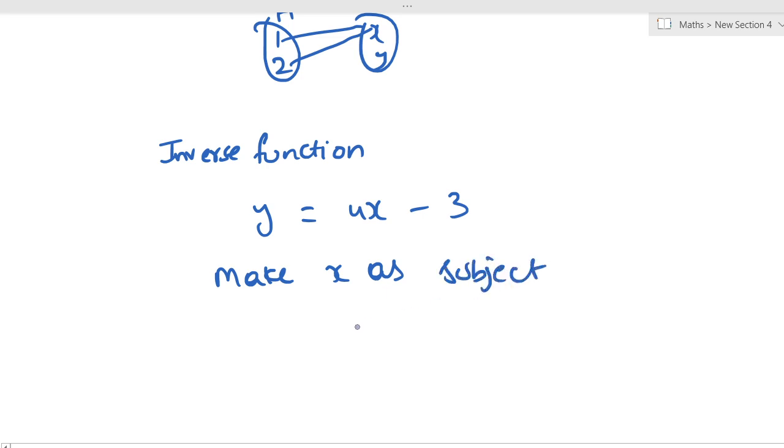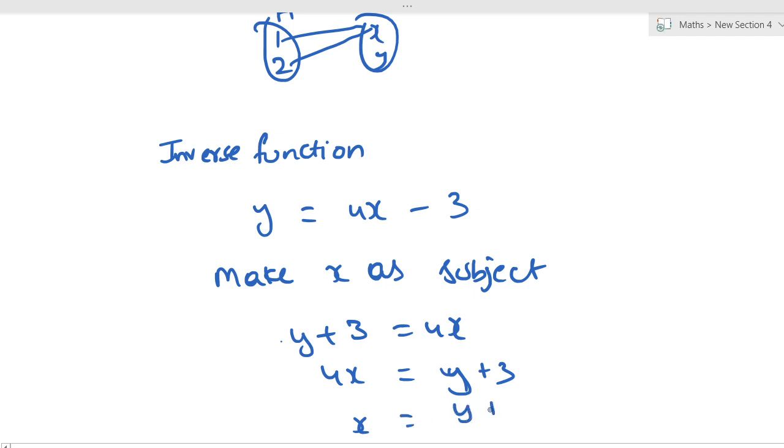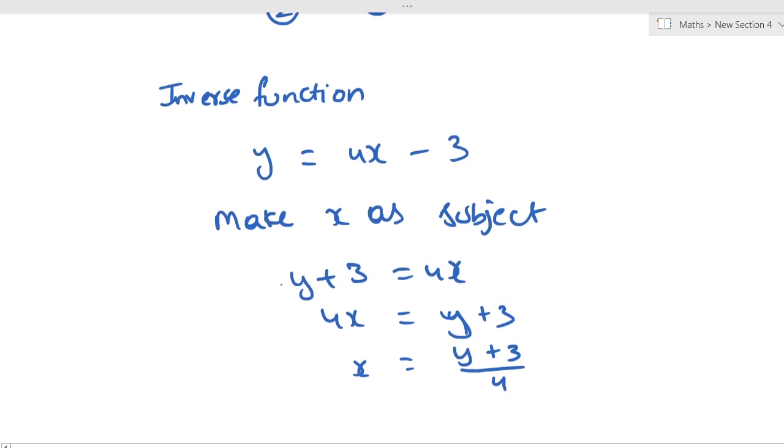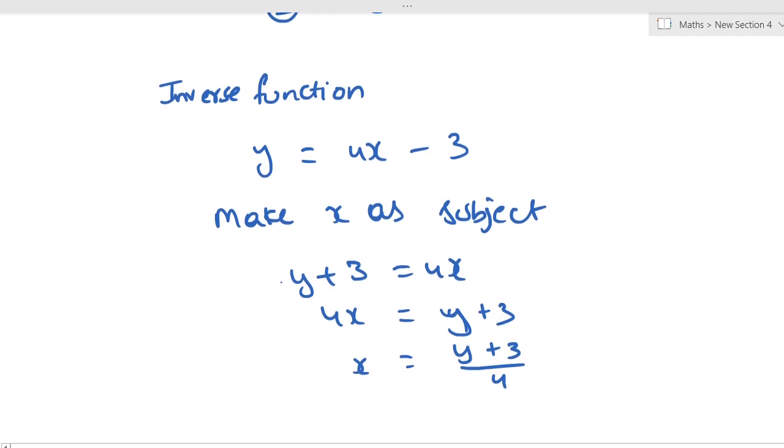If you have to make x the subject, you need to bring x to the left hand side, so we should only have the value of x. So can we say y plus 3 is equal to 4x? So 4x is equal to y plus 3 and x is equal to (y plus 3) by 4. So this is nothing but the inverse function of y.